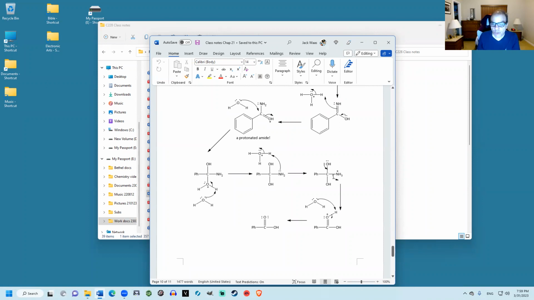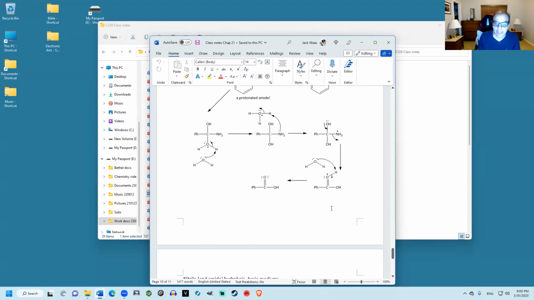And then we can lose ammonia as a leaving group. So this electron pair on oxygen folds in. We break the carbon-nitrogen bond and lose ammonia as a leaving group. That gives us this intermediate. And then all we need to do to get the carboxylic acid is to pull that proton off. And the electrons go back onto oxygen, getting rid of the plus charge.